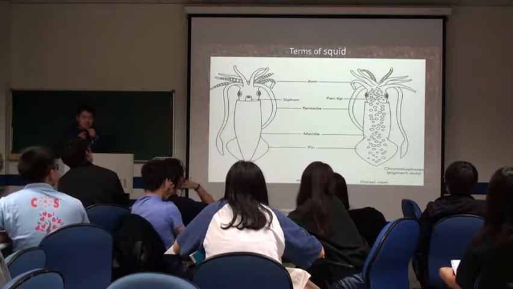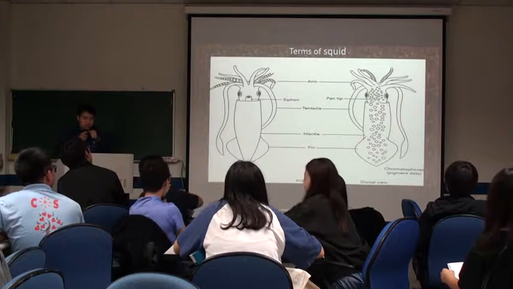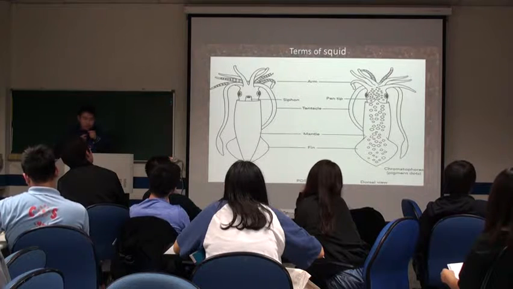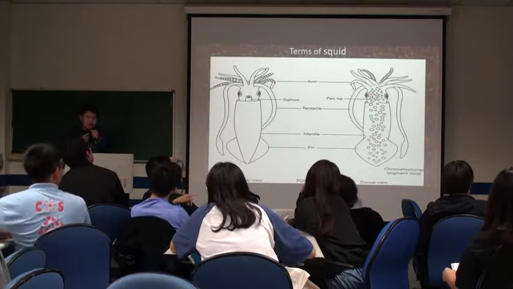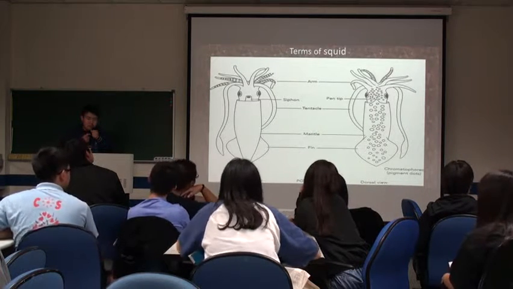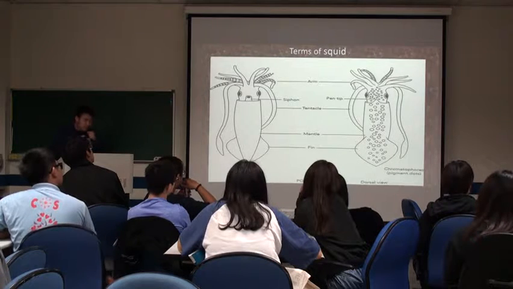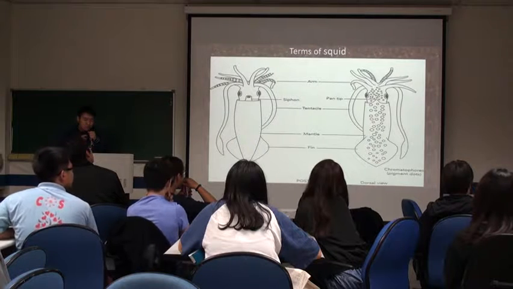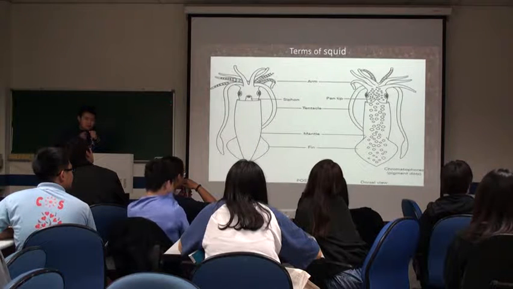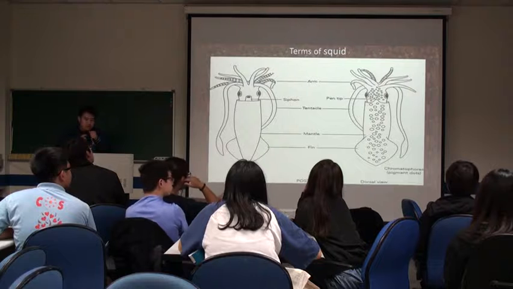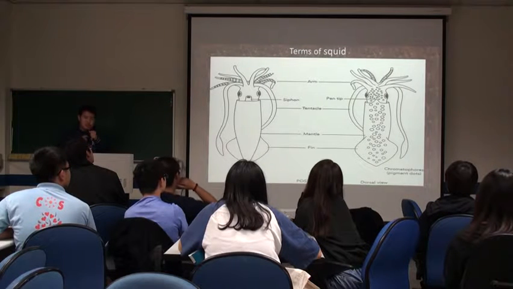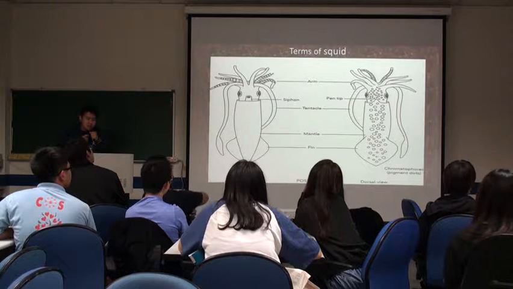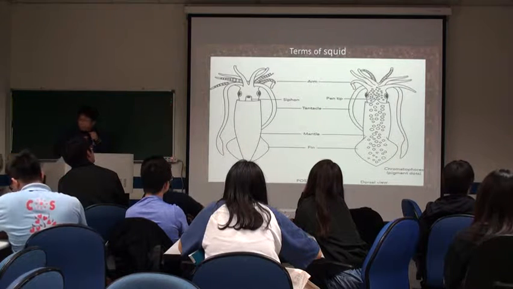We can see the shorter ones are called arms, and the longer ones we call tentacles, which have the function to fix the spermatophores. The siphon, which is the funnel, has the function to produce water flow and help the squid escape from predators. The mantle protects their organs and their brains.